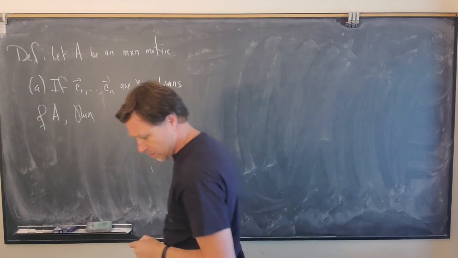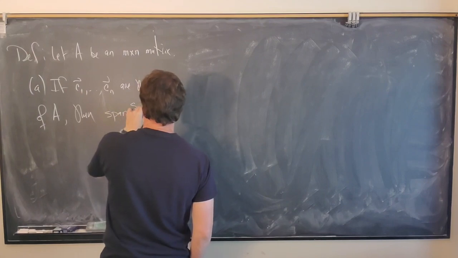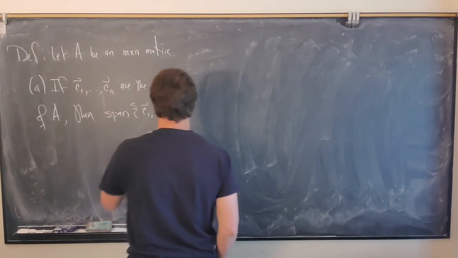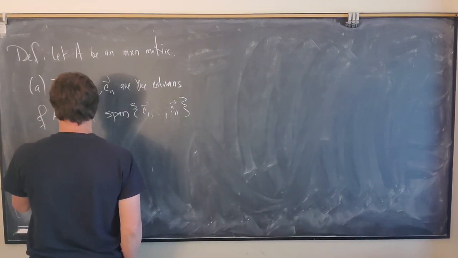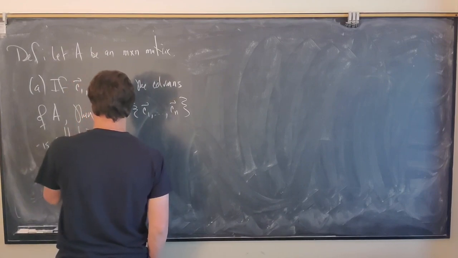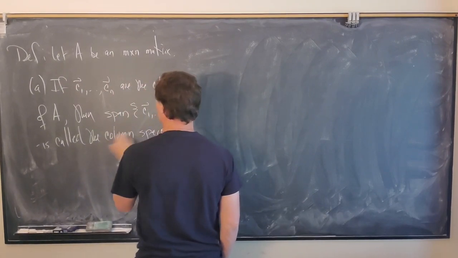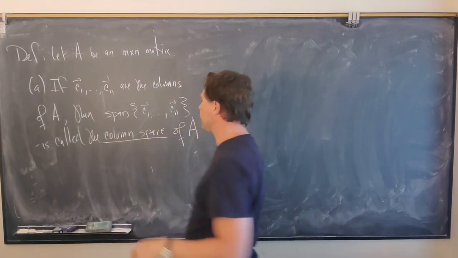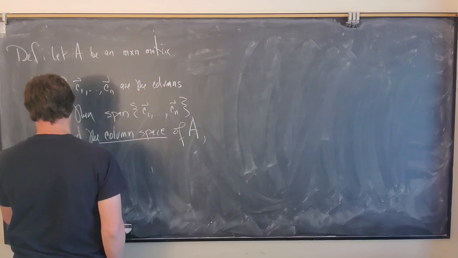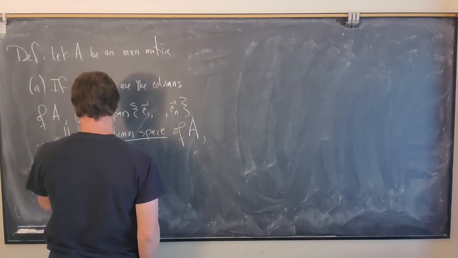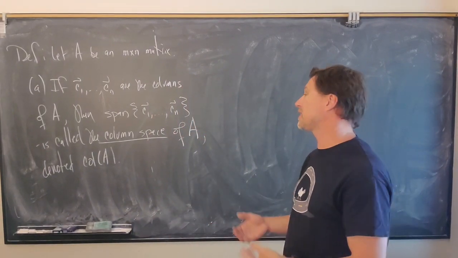So then the span of C1 up through C sub n is called the column space of capital A, and it's denoted COL of A. Remember, anytime you have a collection of vectors, the span is a subspace.